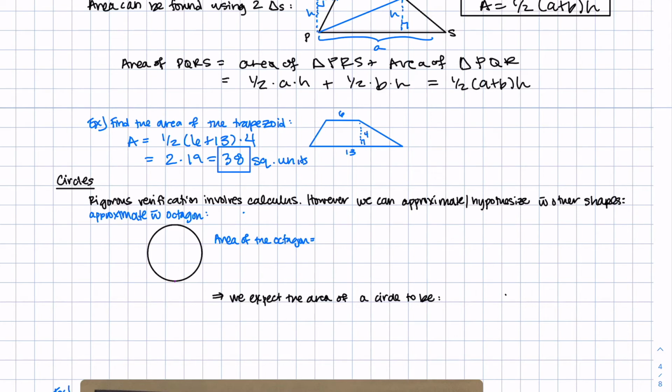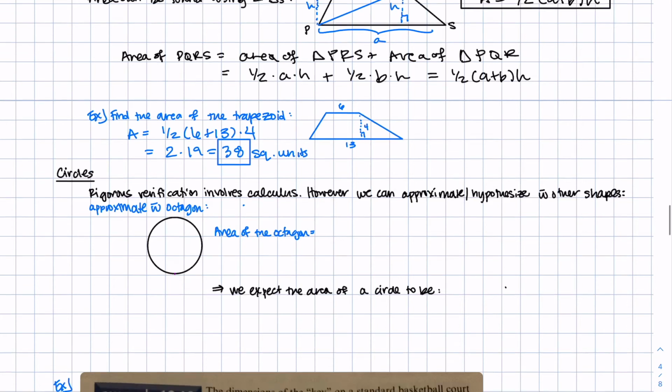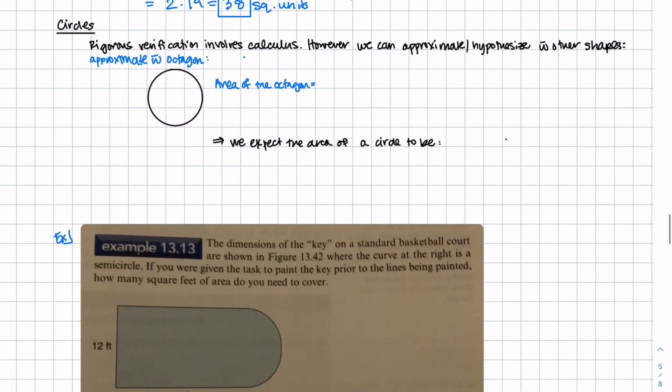Great. So looking at the circle, actually to do a rigorous verification of the area of a circle involves calculus. So what we're going to do instead is to approximate it using other shapes. So before we could use other shapes to find the exact area of these figures, here we're going to approximate.